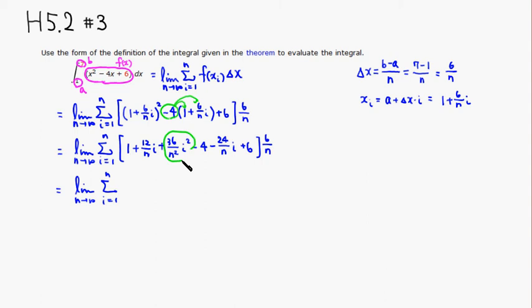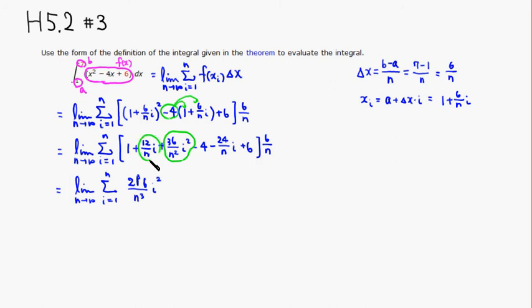So 36 times 6, 6 times 6 is 36, and 3 times 6 is 18, so 216, over n squared times n, which is n cubed, then you have i squared.